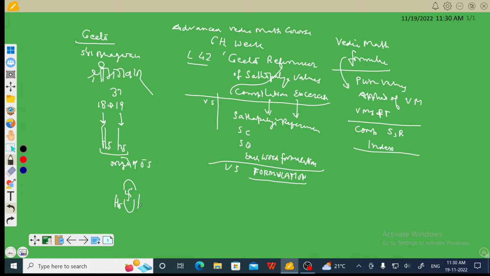Therefore, the Sthapatya of Geeta is focusing upon the sixth space as of values h5 plus small h5 within 4 space, a creator's space.